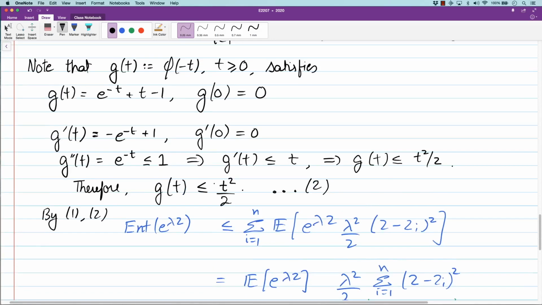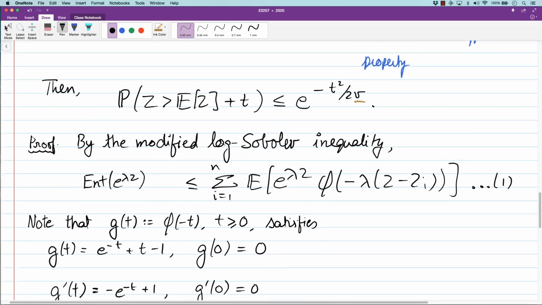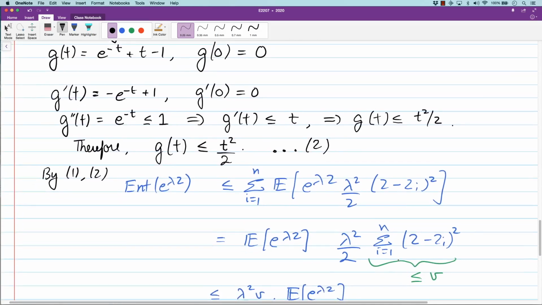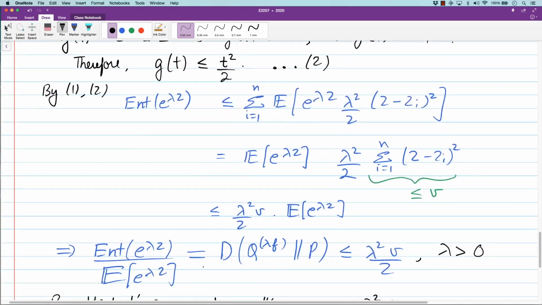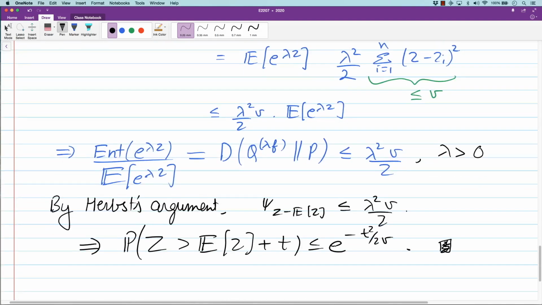That gets you z minus zi squared times lambda square. Then this tensorizes, so it gets bounded by lambda square v, and you have bounded this ratio. Using the formula for the log moment generating function, we get the sub-Gaussianity bound for the log moment generating function, which in turn implies the sub-Gaussian tail bounds.